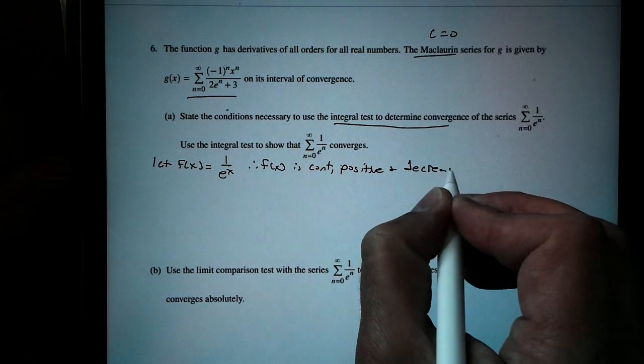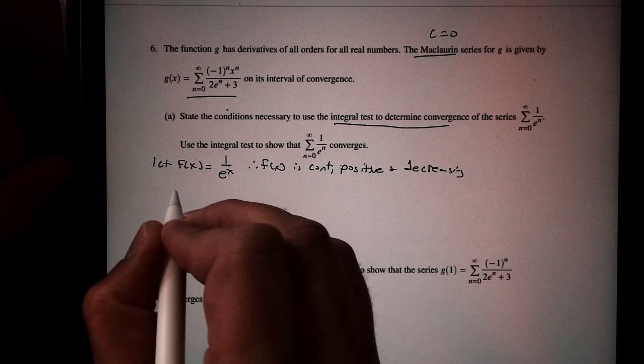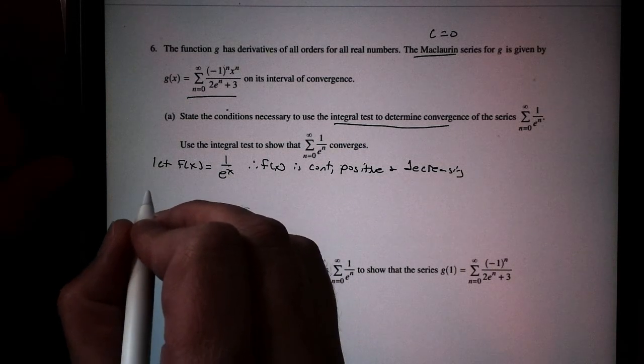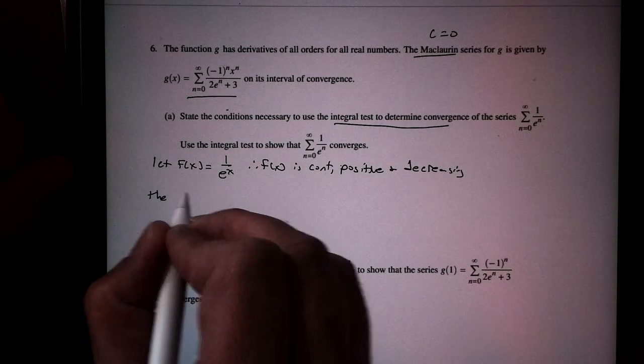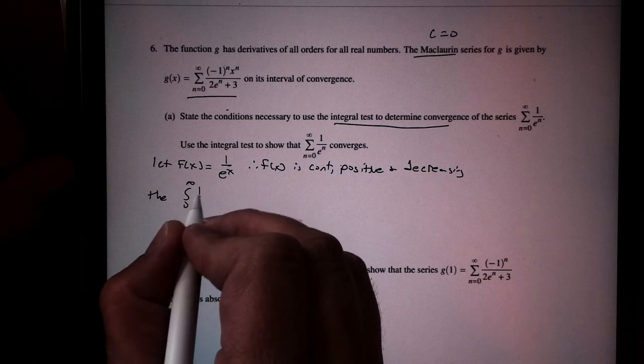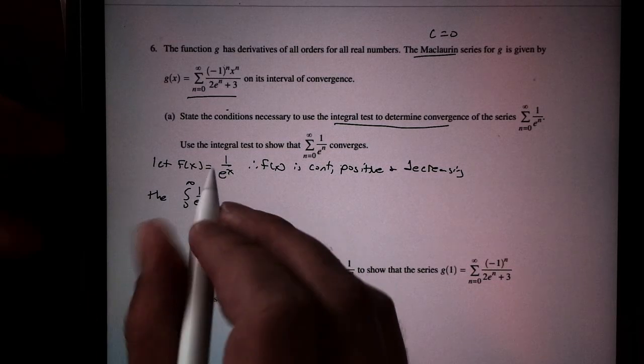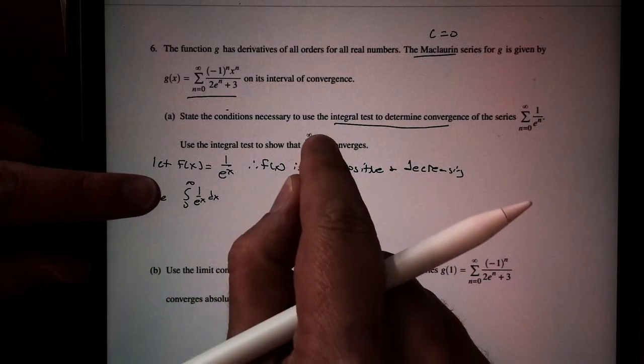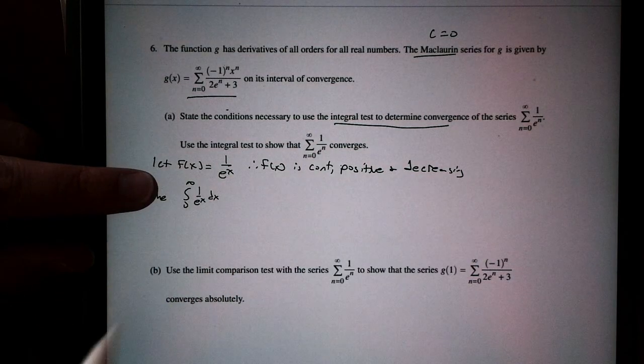Now, because it meets all three conditions, we can now say that the antiderivative from 0 to infinity of 1 over e to the x. The answer to this integral will give us the answer to our series.